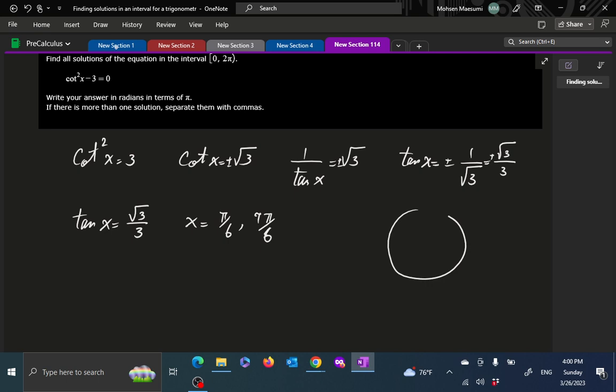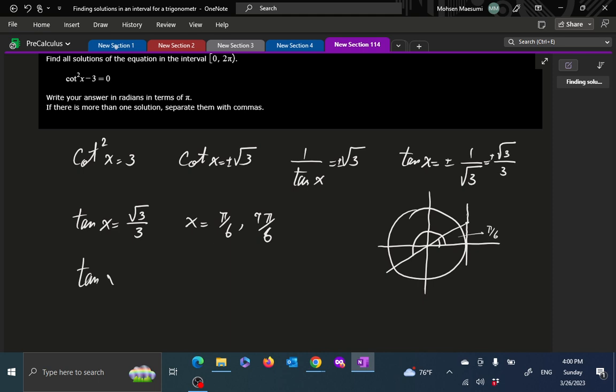Here's a picture for it. Radical 3 over 3 is about 0.6 or something. We connect. These are the two angles we want. The famous angle that matches this is pi over 6. The other one is pi plus pi over 6, which is 7 pi over 6.